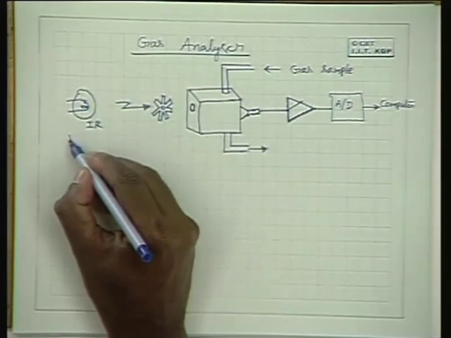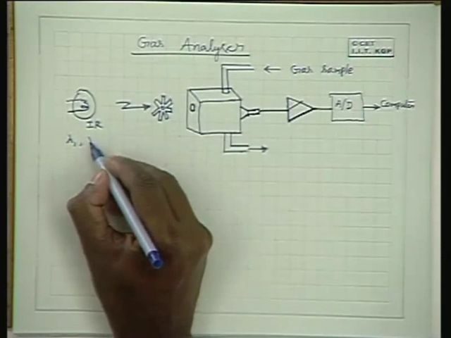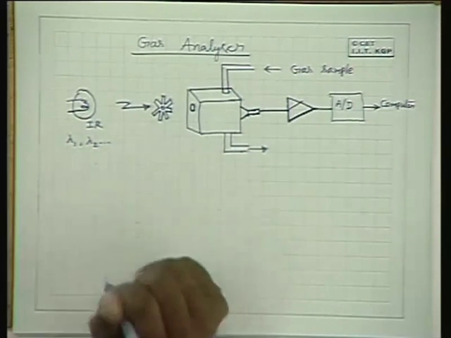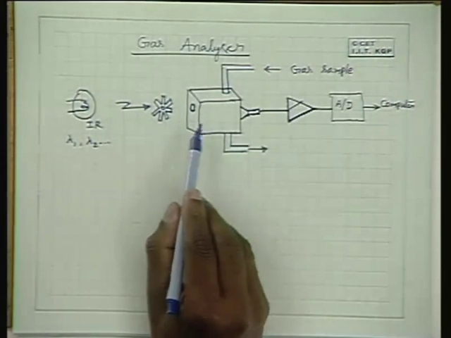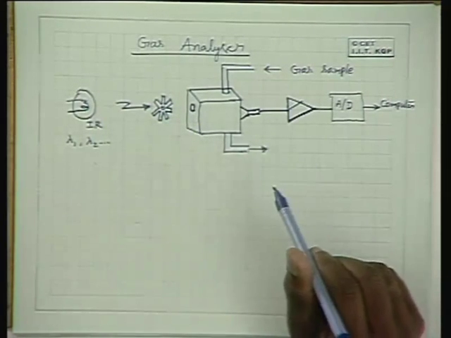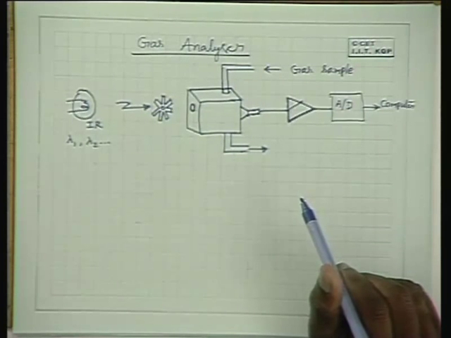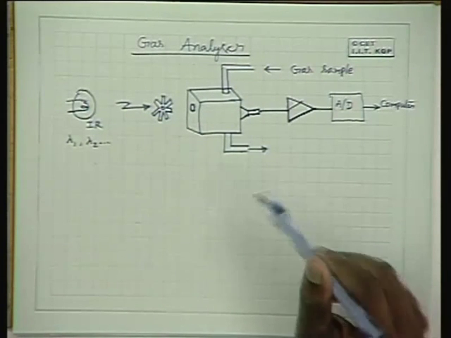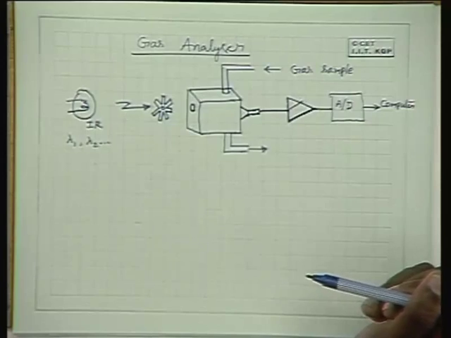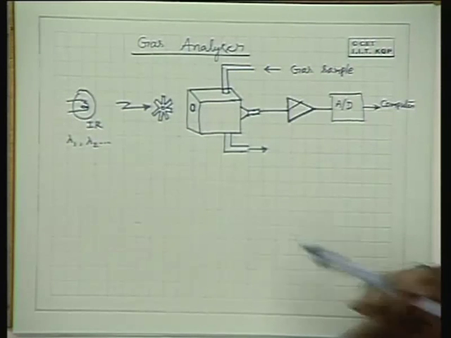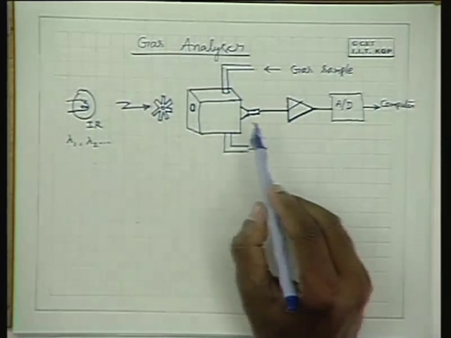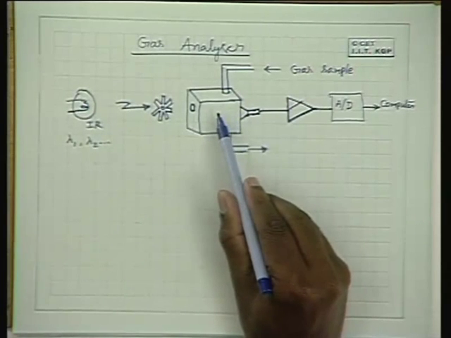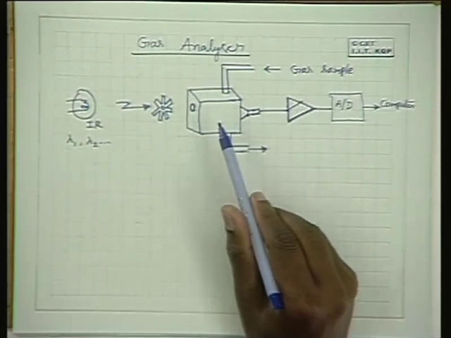You normally excite a few wavelengths, and for each wavelength you measure the absorption. Say you excite a few wavelengths like 5 or 6 wavelengths, and for each wavelength you see how much is the absorption. How do you note the absorption?